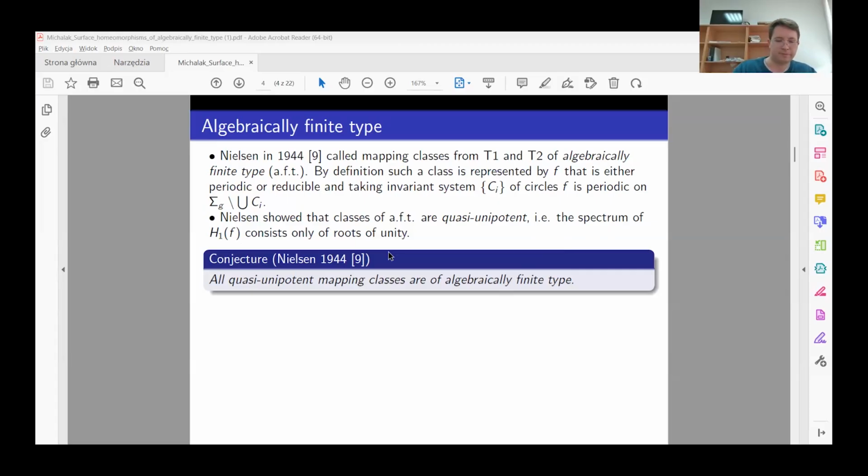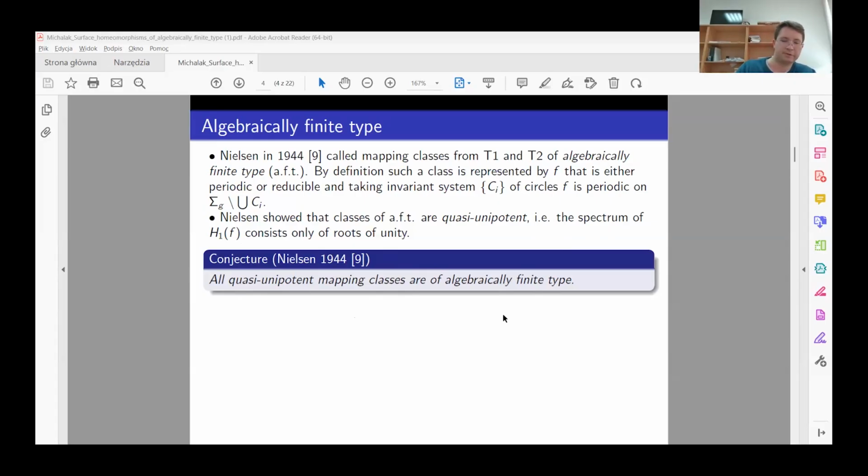So the spectral radius is 1, and we can say it in many terms. He conjectured that these quasi-unipotent mapping classes are exactly the classes of algebraically finite type, so T1, T2.